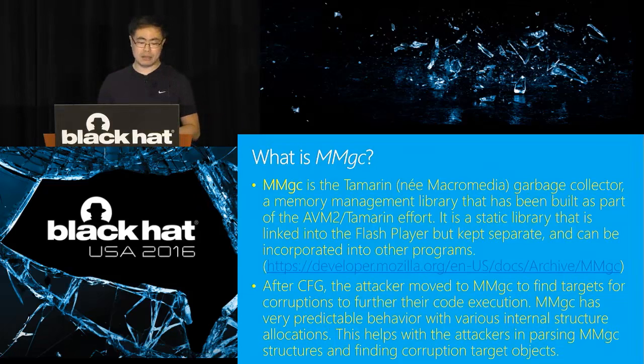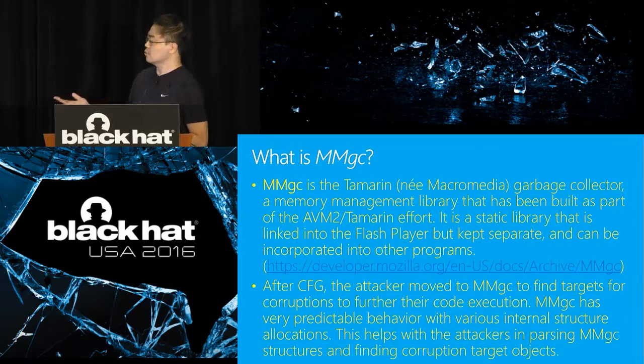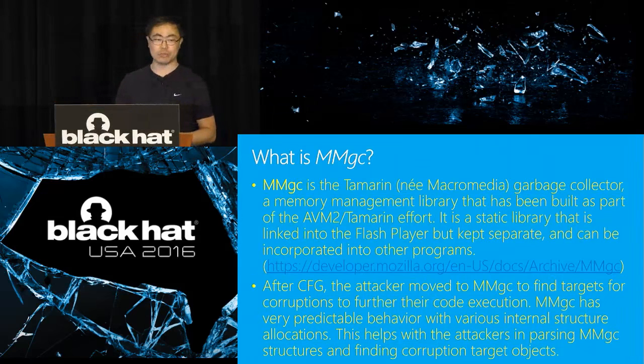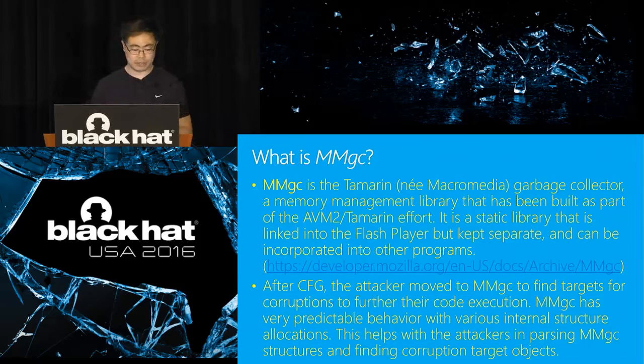You might have heard about this before, but MMgc is basically the memory manager for AVM2, which is used for Adobe Flash Player. And the attackers try to parse MMgc internal structures to find any interesting objects they want to corrupt.